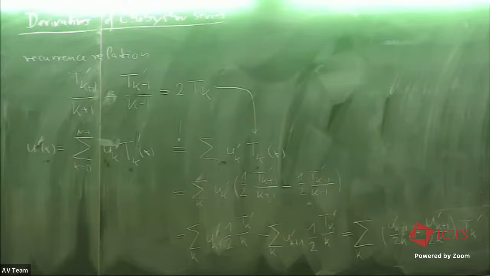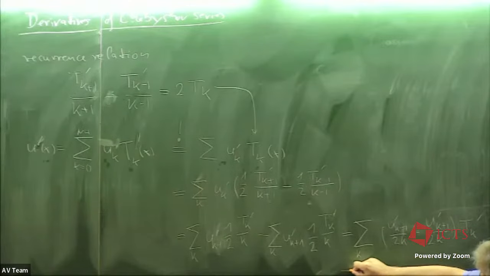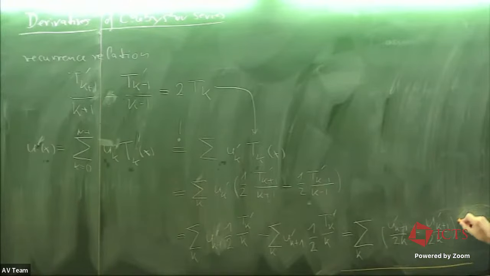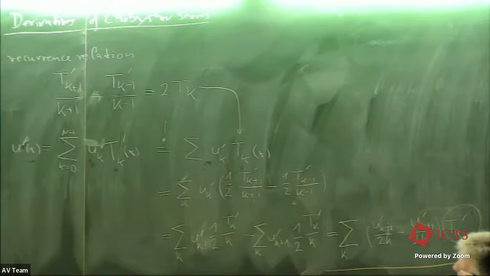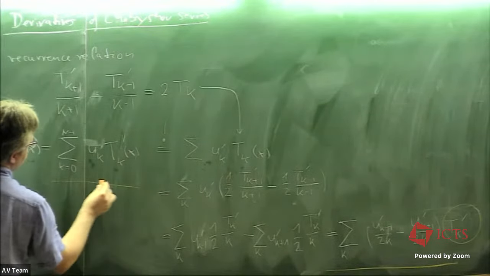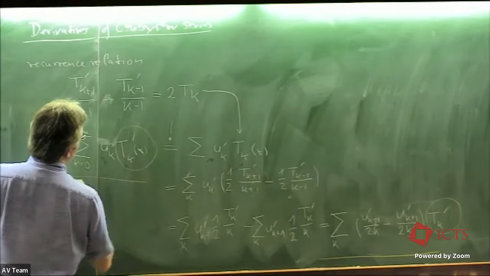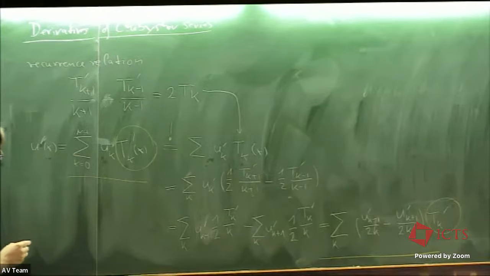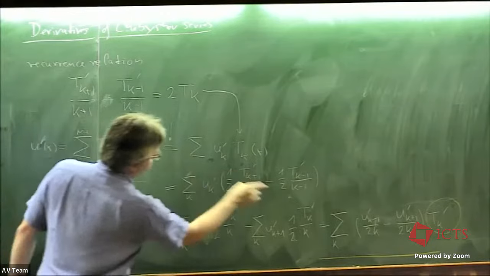Let me double check. I hope this is right. And the point is that I now have on the right-hand side a sum over T_k prime, and on the left-hand side, I also have a sum over T_k prime. So we will be able to equate the coefficients.